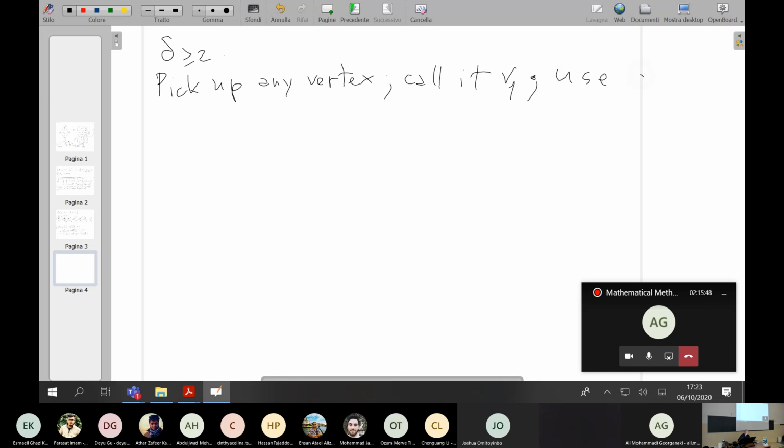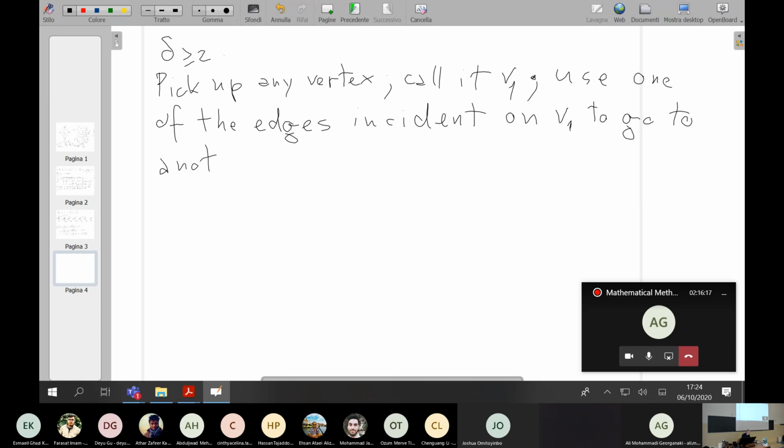Use one of the edges incident on V1 to go to another vertex. Call it V2.